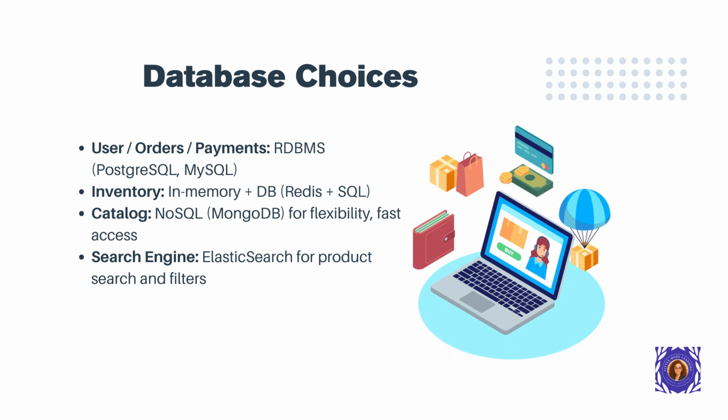When users search for blue running shoes under $100, you need full-text search, filtering, and faceted navigation that SQL databases just can't match efficiently. The key insight? Don't force one database to do everything. Use the right tool for each specific requirement and design your services to abstract these choices from each other.